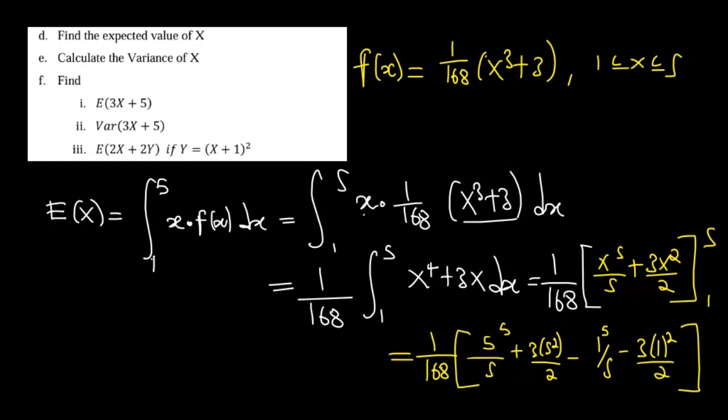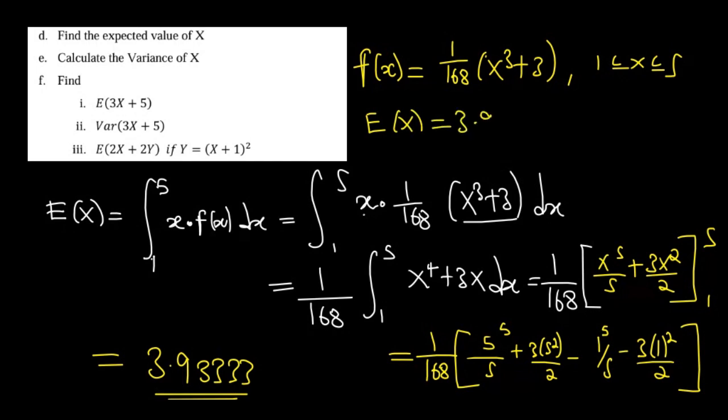So this is what we have. The rest is just to punch these on the calculator. Try to counter check as well, but when I punch it on my calculator, it's giving me 3.9333. This is my expected value, so I can write it there: expected value of x is simply 3.9333. That was part D. The next thing is to calculate the variance.